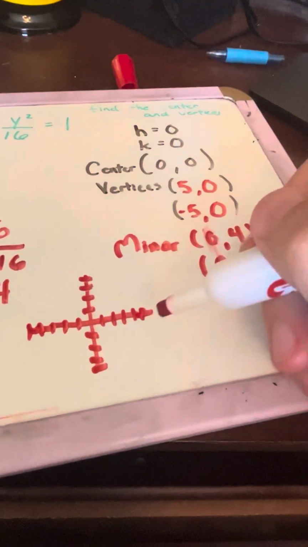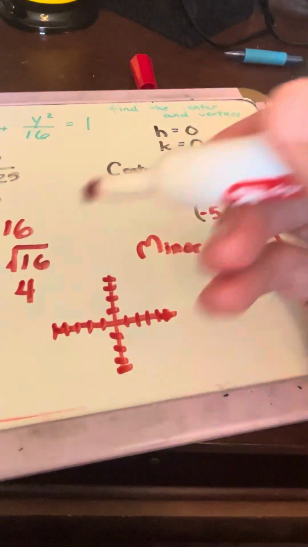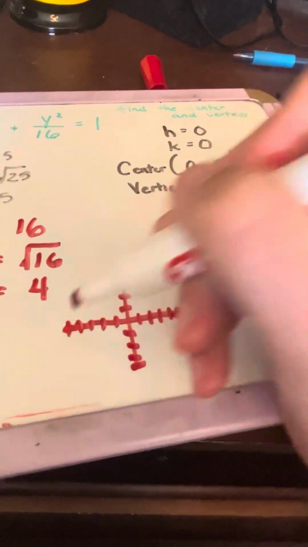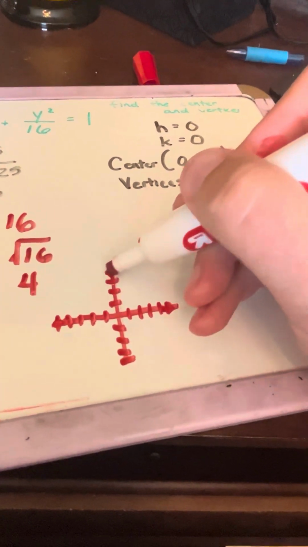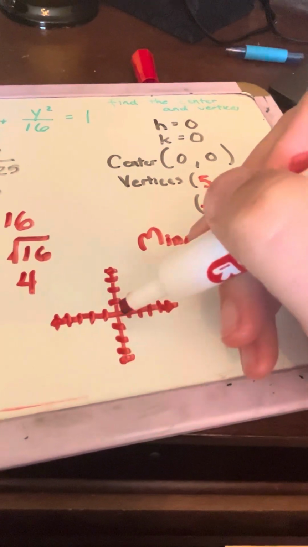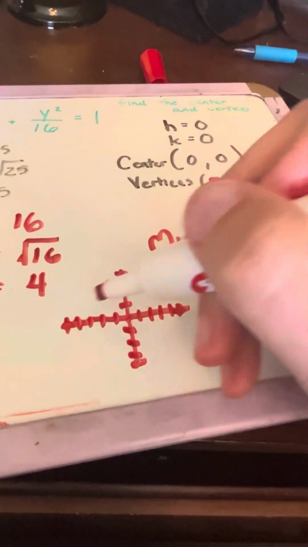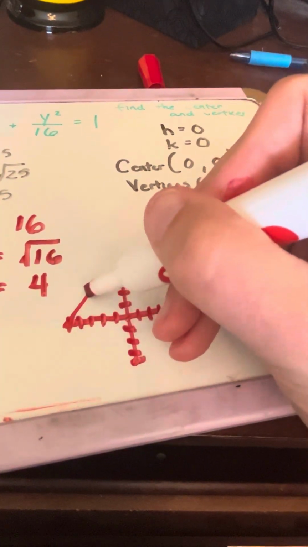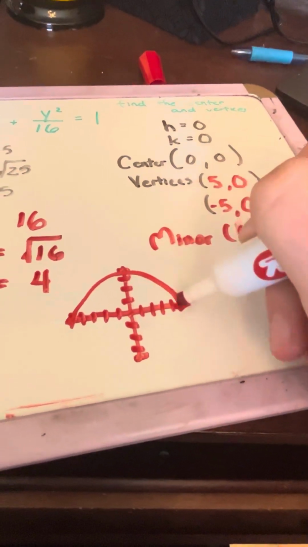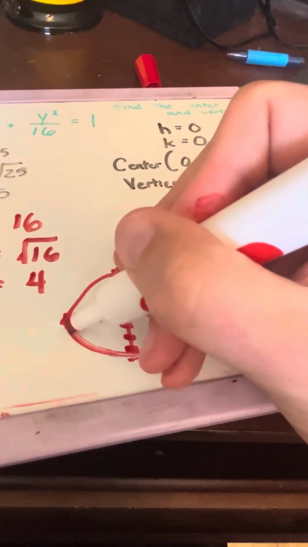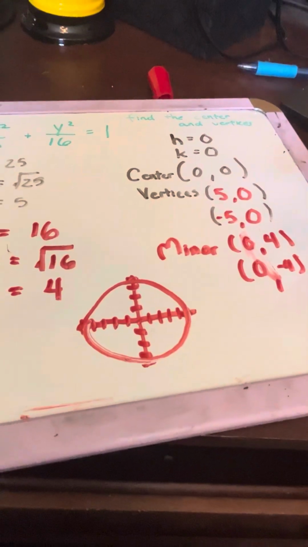Our vertices you're going to get dots there, dots here, and your center. And so your ellipse ends up looking kind of like a football.